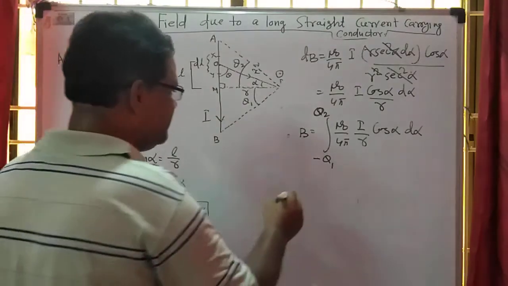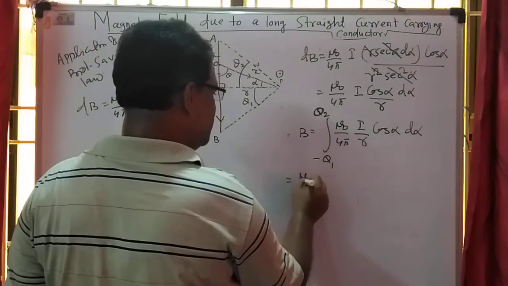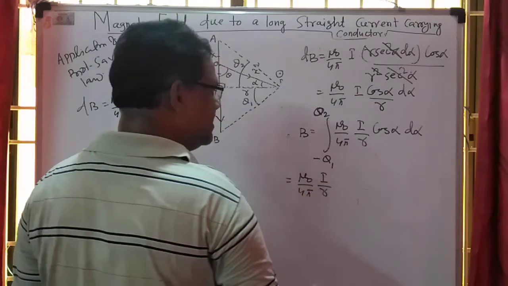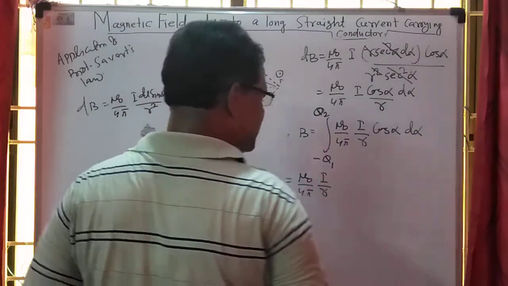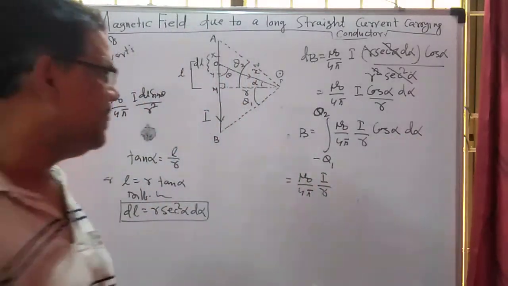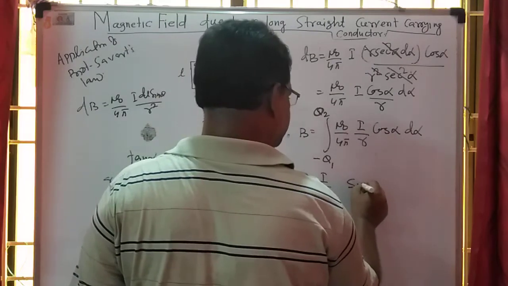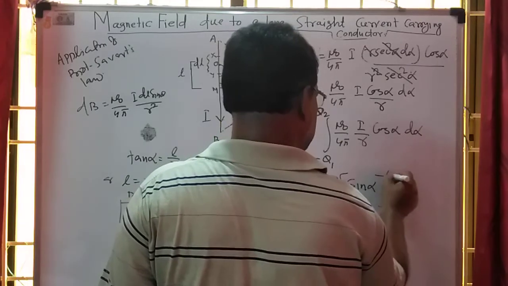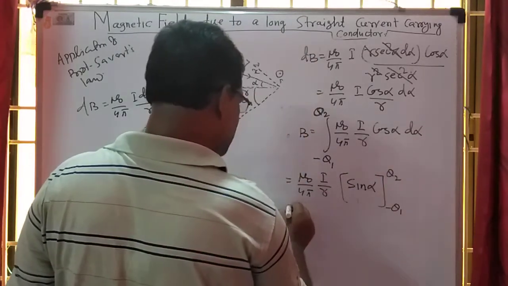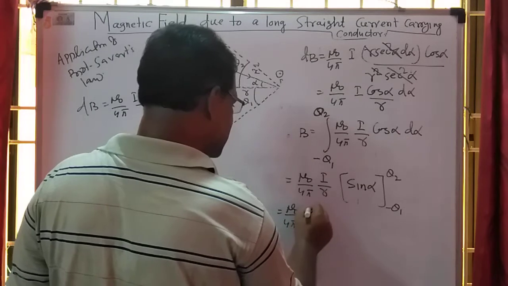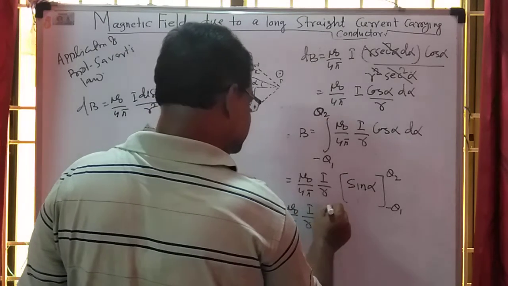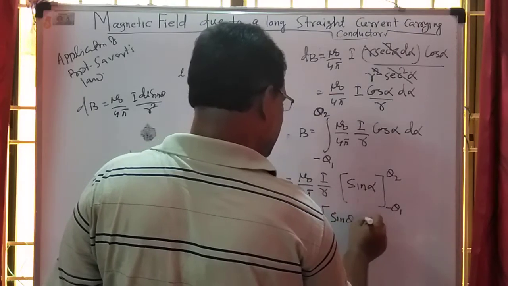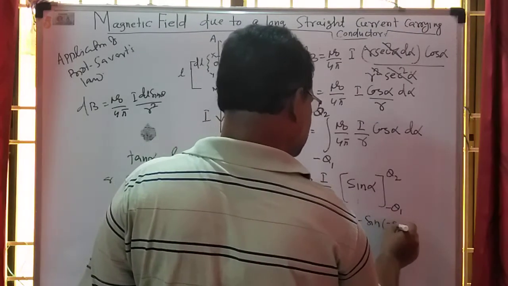So if you integrate it properly, mu naught by 4 pi is taken out, I upon r is also taken out. We are finding the limit is cos alpha d alpha. Integration of cos alpha d alpha equals sin alpha, and the limit is from minus theta 1 to theta 2, and this is equal to mu naught by 4 pi I upon r into sin theta 2 minus sin of minus theta 1.